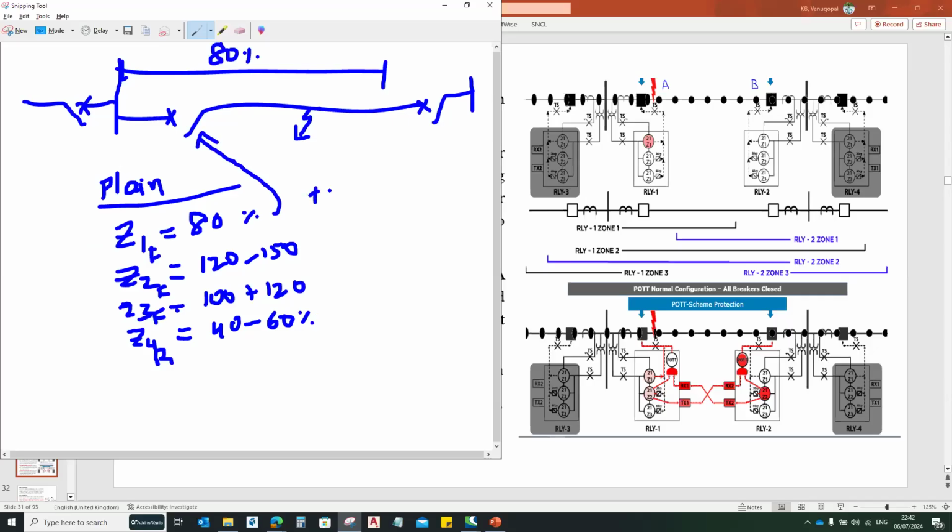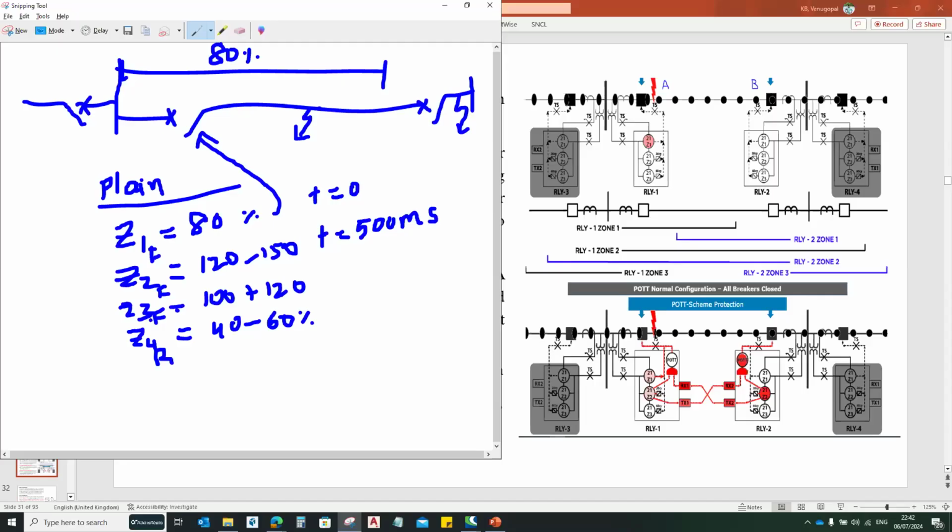That is, operating time will be 0 seconds. Once the fault is identified, immediately it will give the trip. Z2 will then be 120 to 150% of the protected line. For example, the fault happened here. So this comes to 120 to 150%, so it will operate after 500 milliseconds.